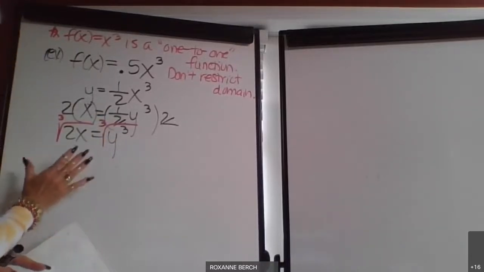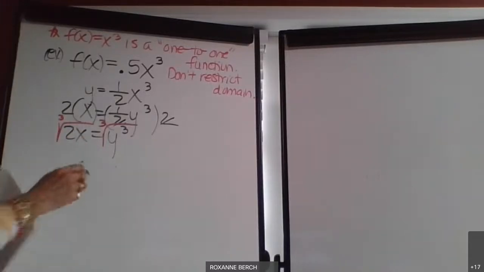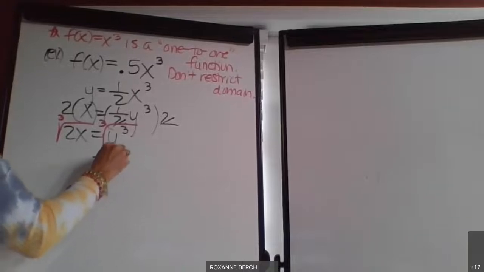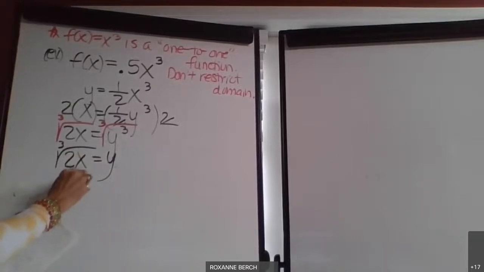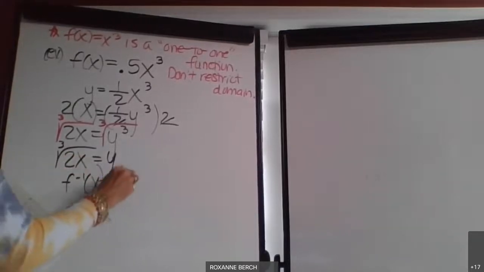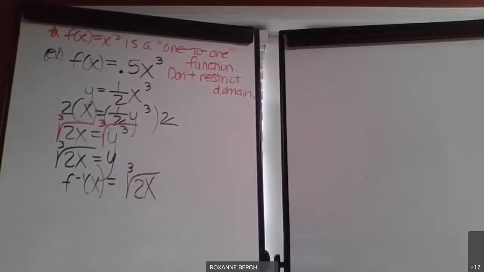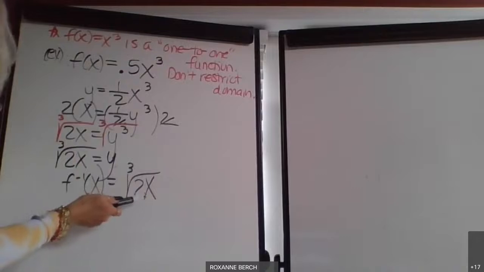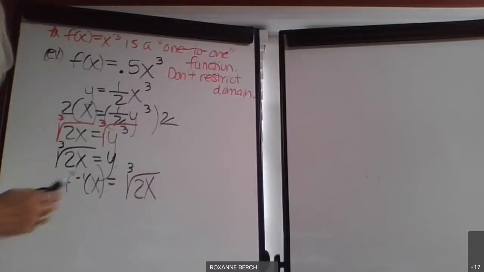When you take the nth root of an odd index, you do not put plus or minus. So what you have here is y is equal to the cube root of 2x. So your inverse is the cube root. So this is the cubic vertically compressed by 1/2. This is the cube root horizontally compressed by 1/2.